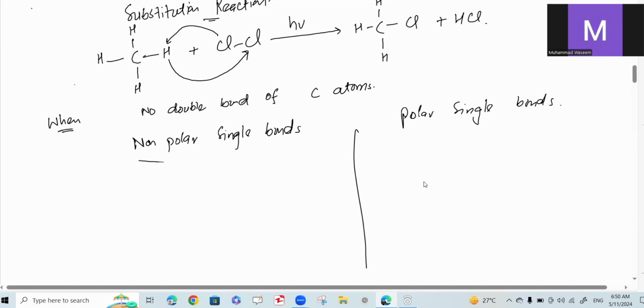Let me tell you in the case of saturated hydrocarbons. You would have studied saturated hydrocarbons. So in the case of saturated hydrocarbons, let me tell you the example of methane. It has four hydrogens.